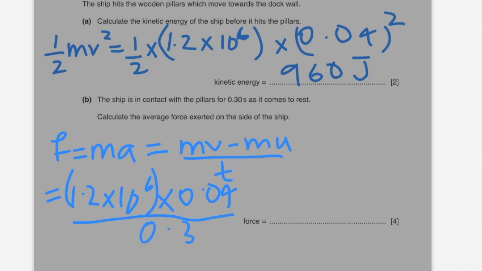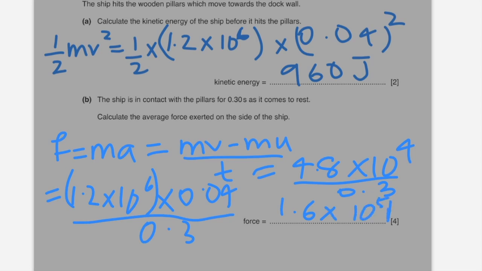So this gives the answer as 4.8 into 10 to the power of 4 divided by 0.3, and this gives the answer as 1.6 into 10 to the power of 5 newtons.